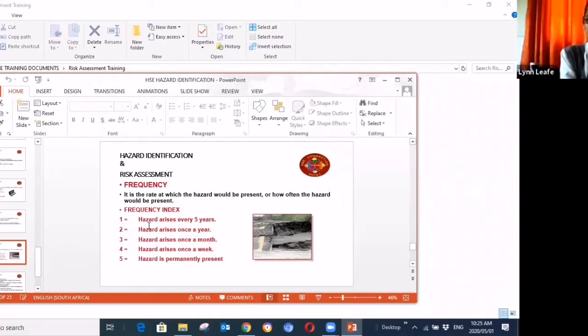Your frequency index: hazard arises every 5 years, once a year, once a month, once a week, or hazard is permanently present. If the hazard arises once a week, guys, then maybe you should re-look at putting extra measures in place. If it's there permanently, maybe you need to change the methodology to try and eliminate the hazard that's present.